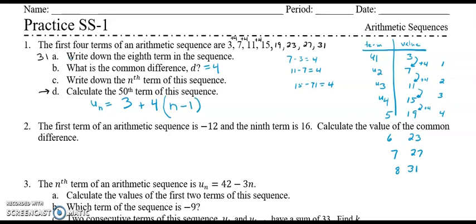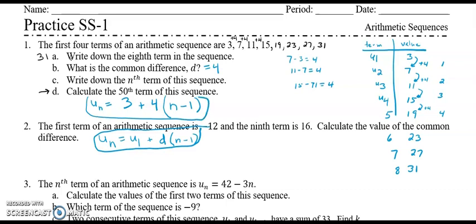The nth term equals the first term plus d, which is the common difference, times n minus 1, where n is the term number. That's the general formula we need to know, and it's actually on your formula sheet. This would be our answer for what is the nth term of the sequence.